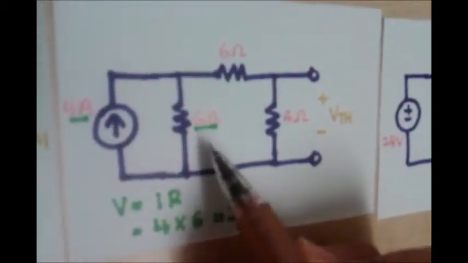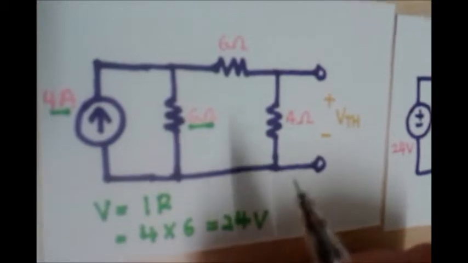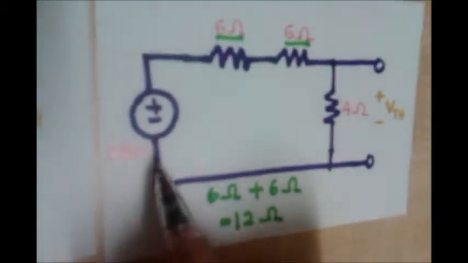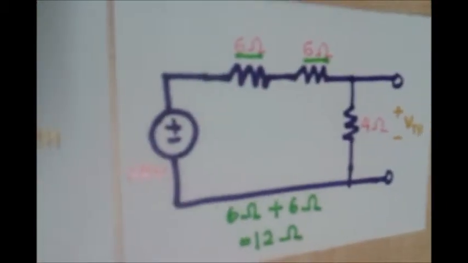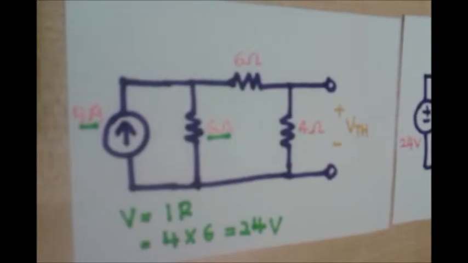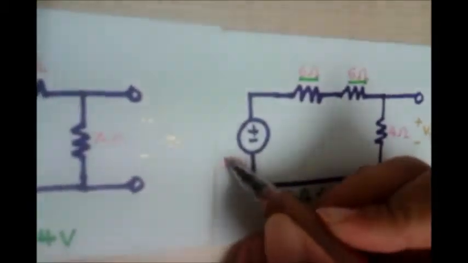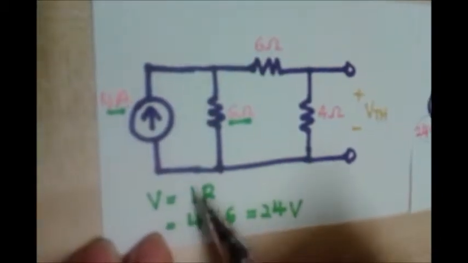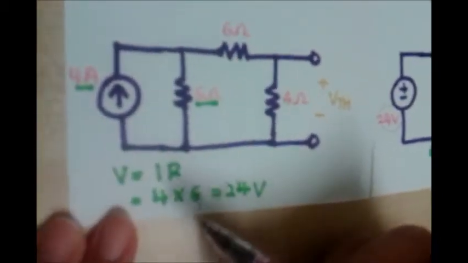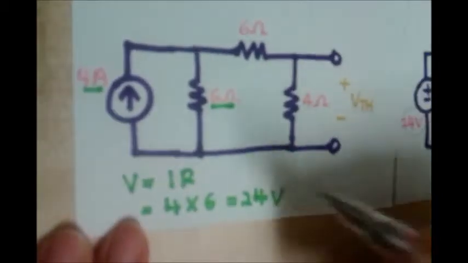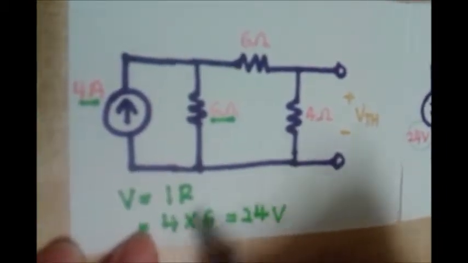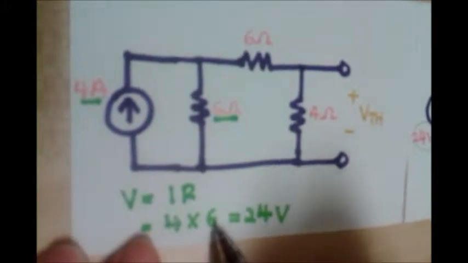After that, we use the source transformation concept to get the 24 volts like this. We get the 24 volt from this circuit by using 4 A times 6 ohms.